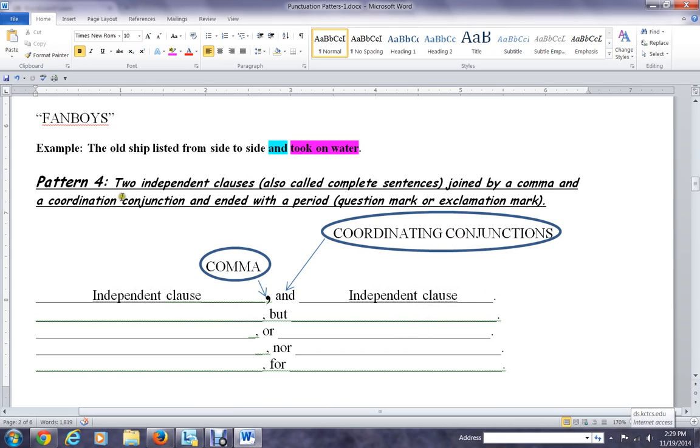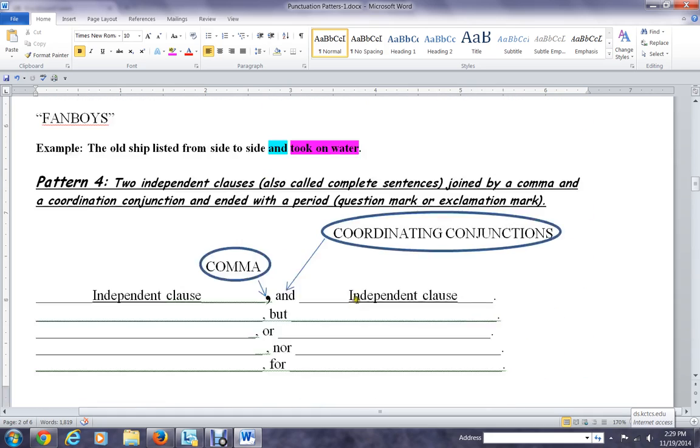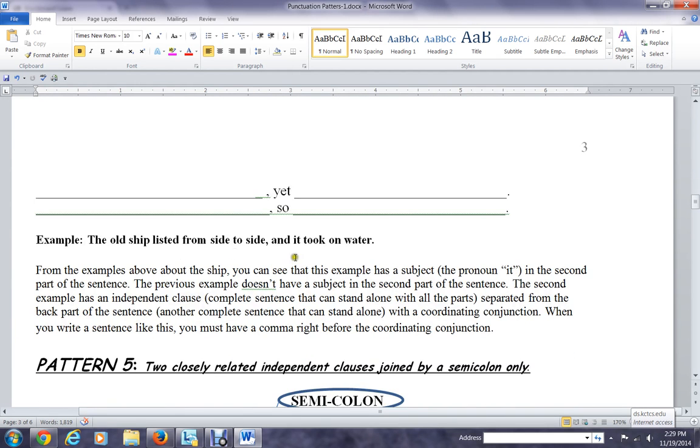You do put a comma if you have two independent clauses, complete sentences, joined by a comma and a coordinating conjunction, and ended with a period. And here's your list, the same one. So here is my subject, and here's my action.